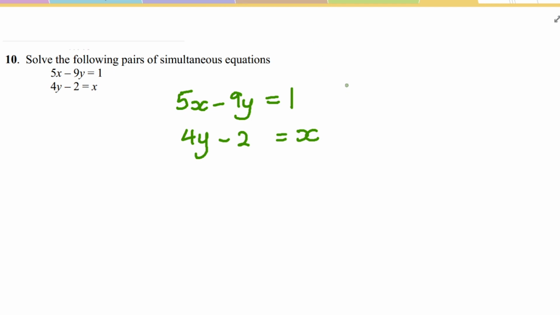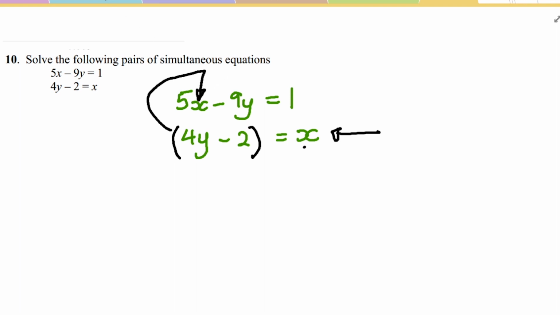So what we do here is use substitution because it is easier. It is way more straightforward from this point. In the second equation, x has already been made the subject of the formula. So the easy thing to do is to take whatever is in that bracket and fill it in place of x.